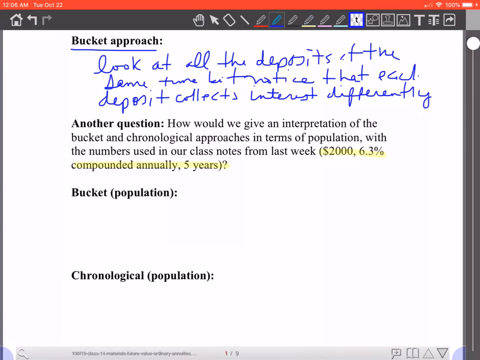For the bucket approach, if you're looking at this in terms of population, you would be considering what happens when 2,000 residents move into a city each year for 5 years, and each year the city's population grows by 6.3%. So in the bucket approach, you look at all 2,000 residents that are moving in yearly.